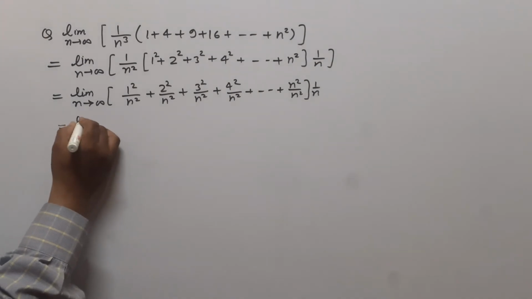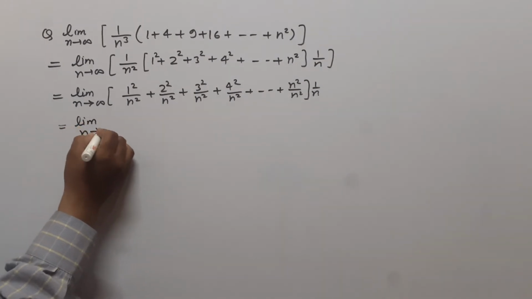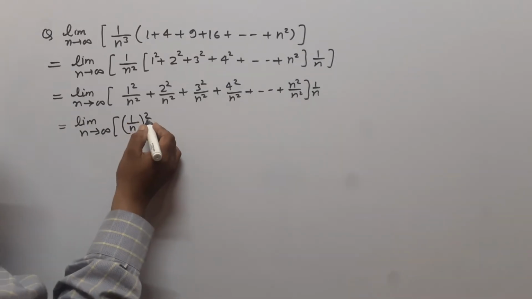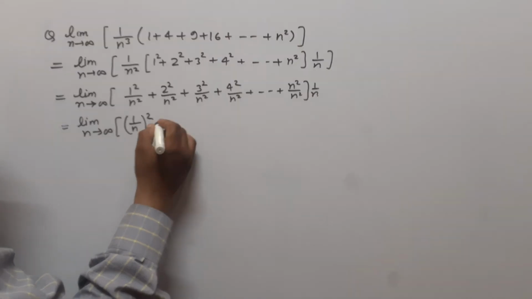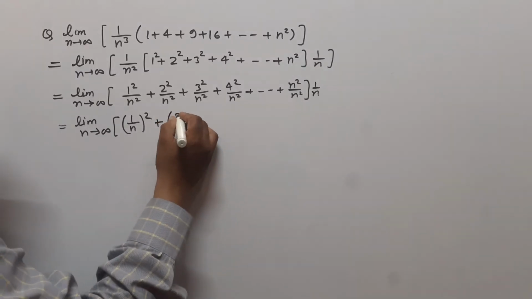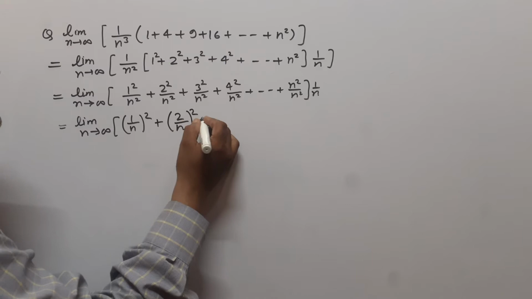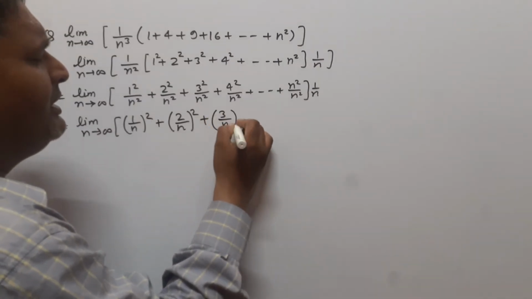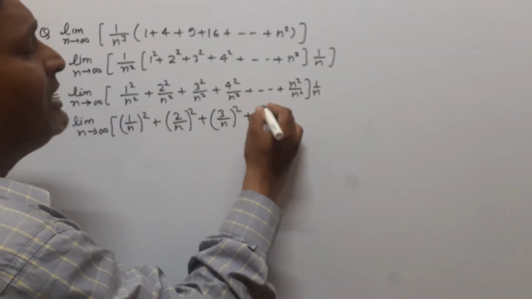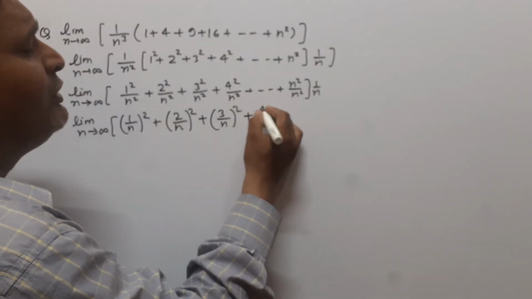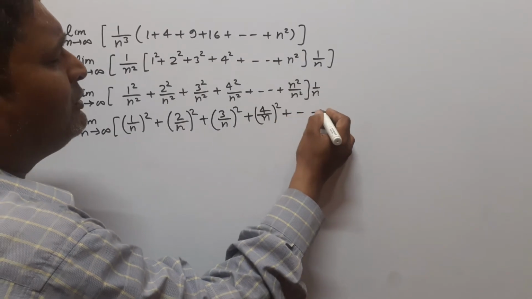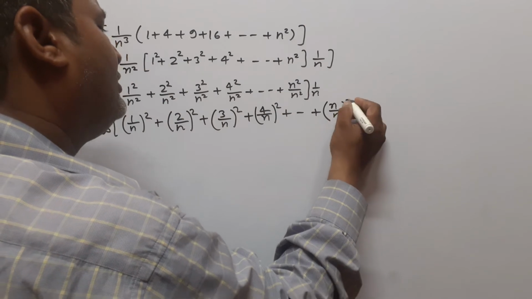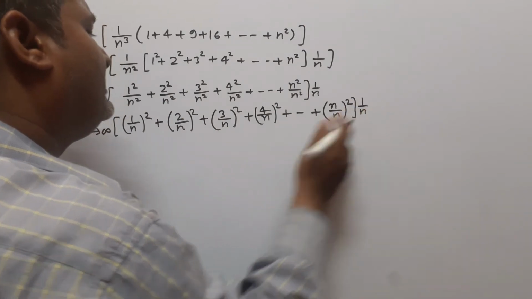Now this can also be written as 1 upon n whole square, because the square is on 1 and n both, and 2 square upon n square can be written as 2 upon n whole square, and 3 square upon n square can be written as 3 upon n whole square, and 4 square upon n square can be written as 4 upon n whole square plus and so on. n square upon n square can be written as n by n whole square multiplied by 1 upon n.